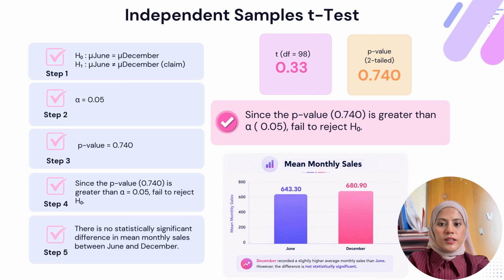Step 3, test the hypothesis, where the p-value for two-tail is 0.740. Step 4, make the decision. Since p-value 0.740 is greater than alpha 0.05, we fail to reject the H null. Step 5, make the conclusion. This indicates that there is no statistically significant difference in the mean monthly sale between June and December.